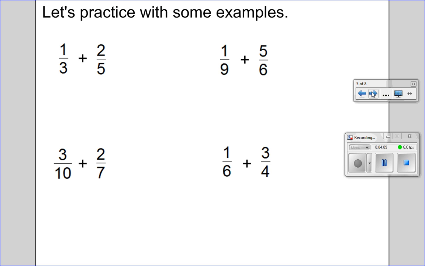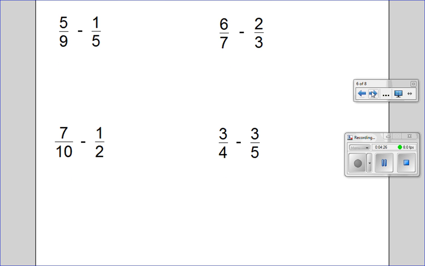If not, I'll give you one more opportunity to put the video on pause so that you can record your work and your answers on paper, because we will take this up in our next class. Okay, moving on. Okay, 4 more examples. I want you to work on these on paper. And you are going to put the video on pause now to work on these.